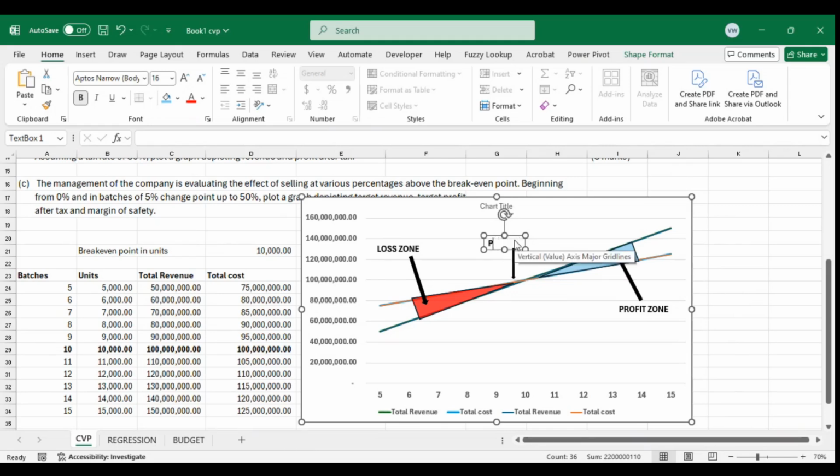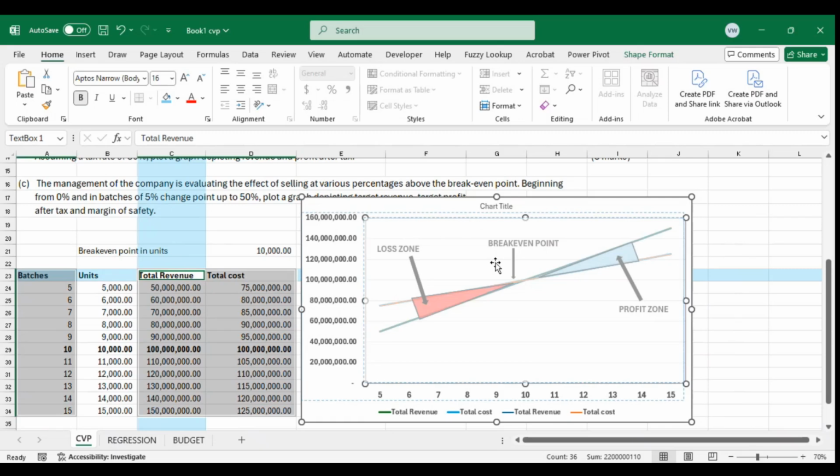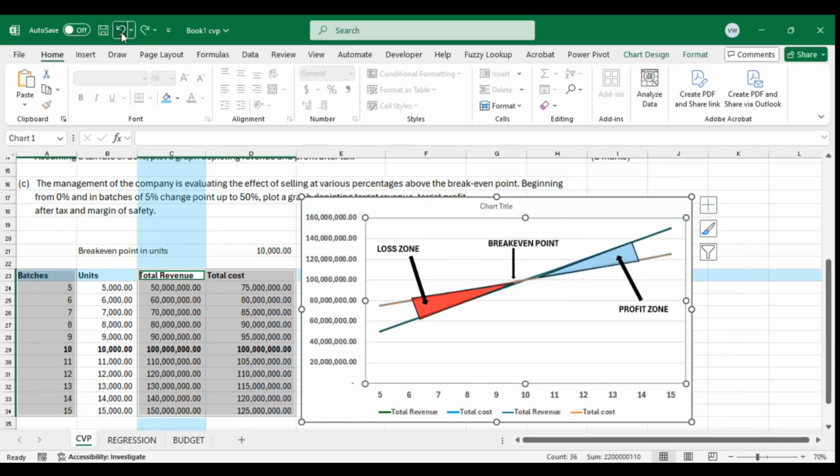So this is our break-even point. Let me undo that.